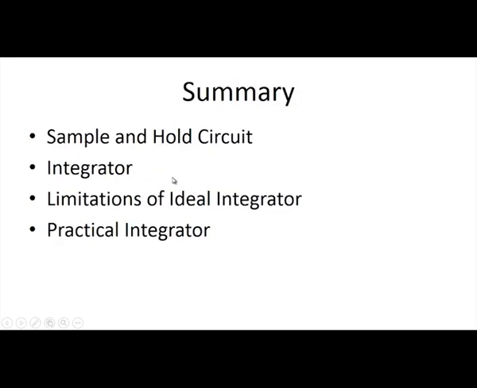So, in this session we have discussed the ideal integrator and its limitations. In the ideal integrator circuit, if we replace the resistor of a differentiator in the feedback with a capacitor and put the resistor on the input side, then that circuit is an integrator circuit.